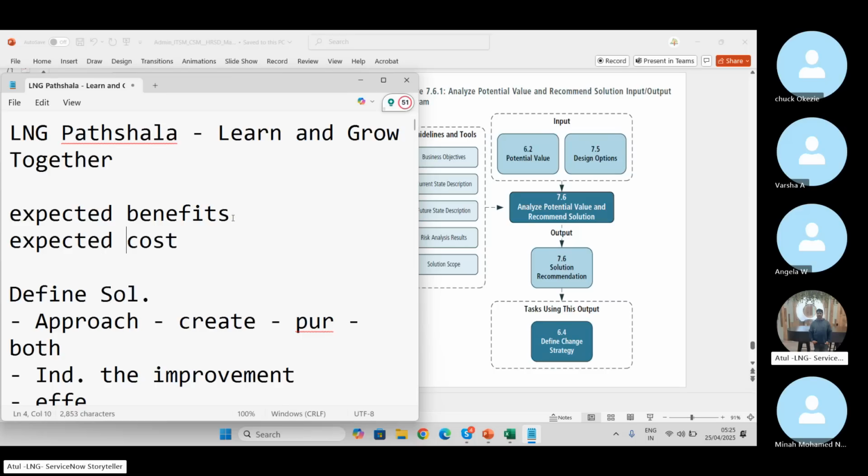When you discuss cost, it can be in the sense of timelines, efforts, operating cost, maintenance cost, physical resources, digital resources, human resources. These are all considered as the expected cost.